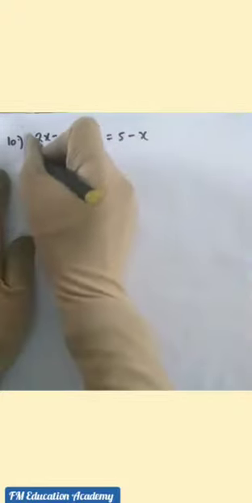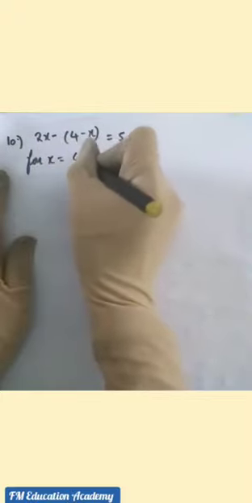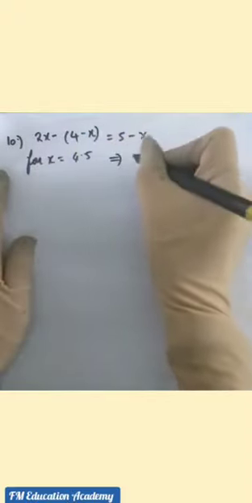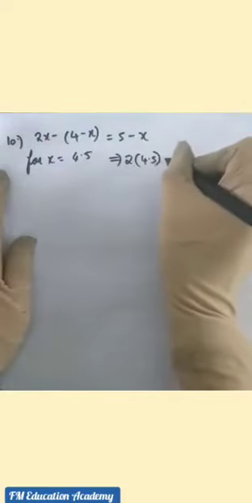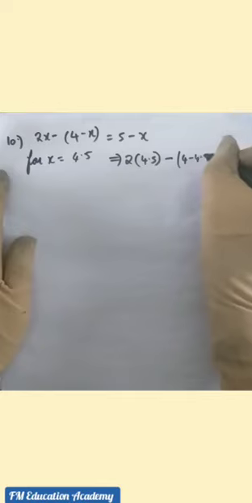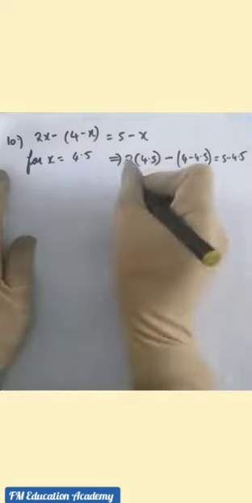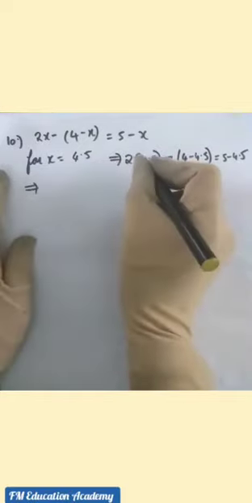My first option is 4.5. So I'll see for x is equal to 4.5. What do I get? In place of x, substitute 4.5. 2 into 4.5 minus 4 minus 4.5 is equal to 5 minus 4.5. So that implies 2 into 4.5.